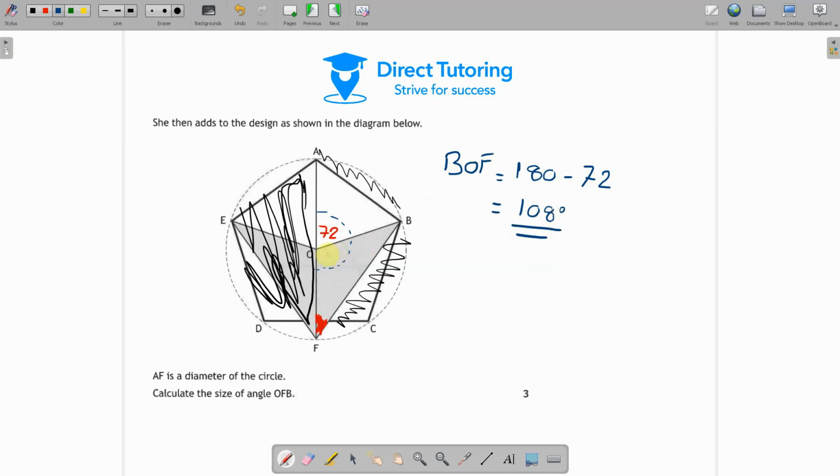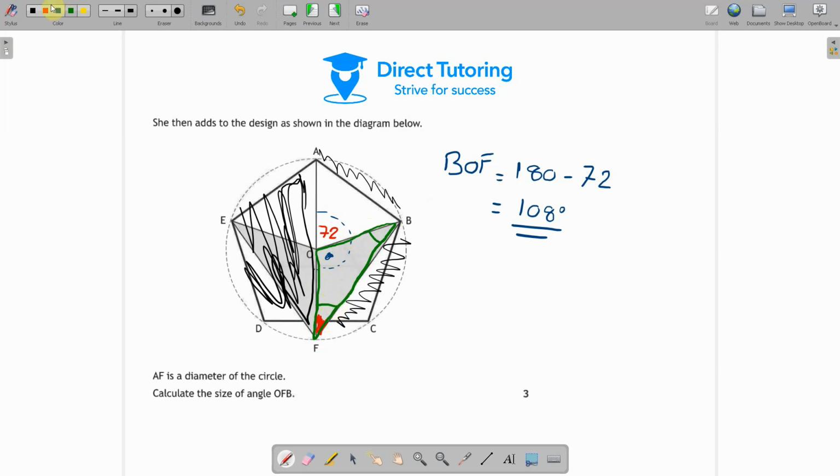So that is 108 in here. Now, this type of triangle in here, if we highlight it in green, is an isosceles triangle, which tells us that this angle and that angle is exactly the same.